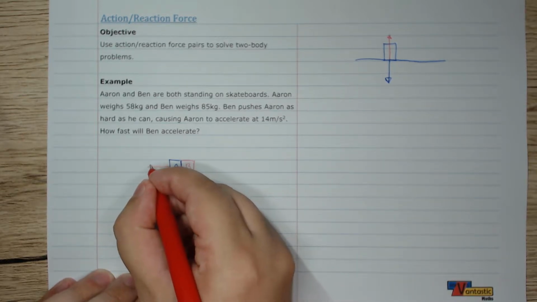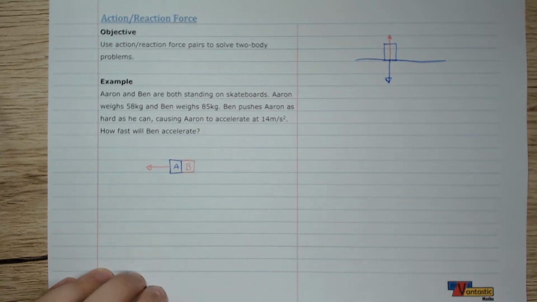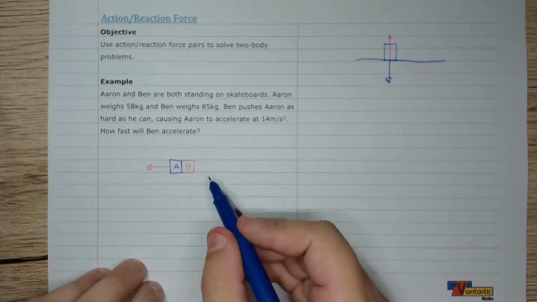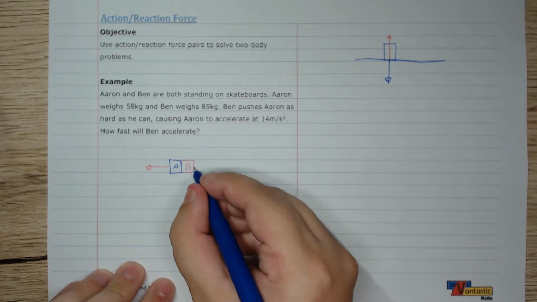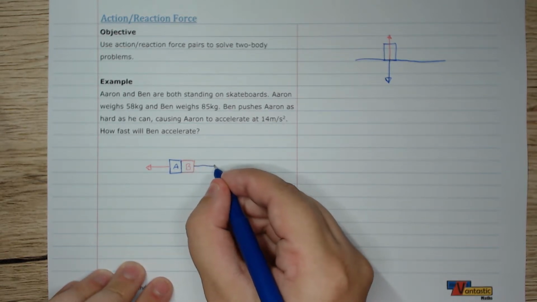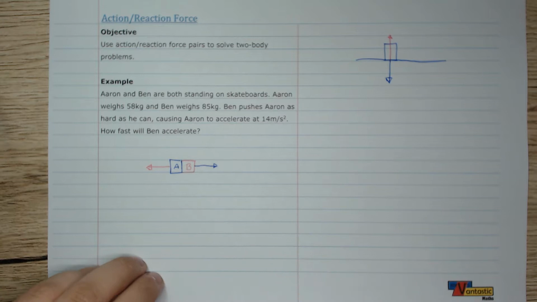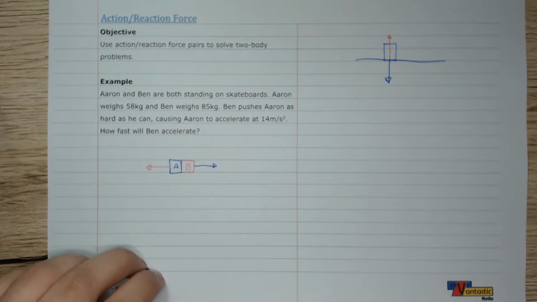So he's applying a force on Aaron. Newton's second law tells us that if Ben is applying a force on Aaron, well then Aaron must be supplying a force back that is exactly equal in magnitude.